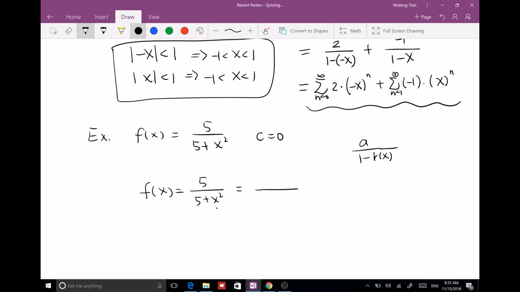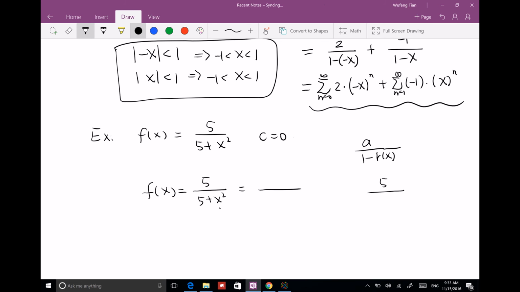So you just treat it as 5 over 5 plus x. You know how to work on this one? Yeah, we do 5 minus negative x.